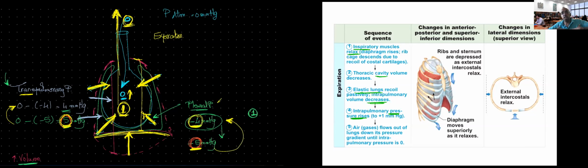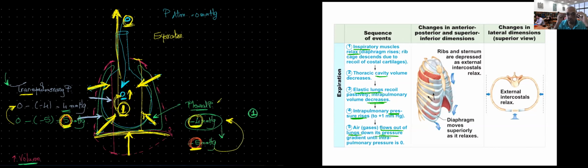So what's going to happen? Air flows from high pressure within my lungs to low pressure in the atmosphere. Air leaves. So the gases here will flow out of the lungs down their pressure gradient until the pulmonary pressure returns back to a zero pressure.